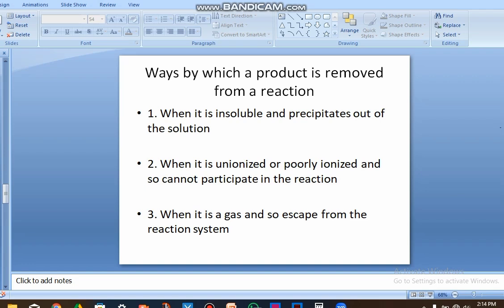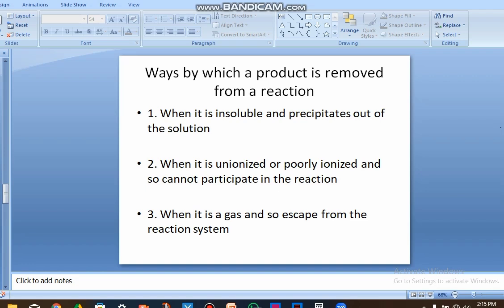Are you getting it now? So number one is when it is insoluble. When it is insoluble, it cannot react, so it will escape from the reaction. That is how most of the products are removed from a chemical reaction.